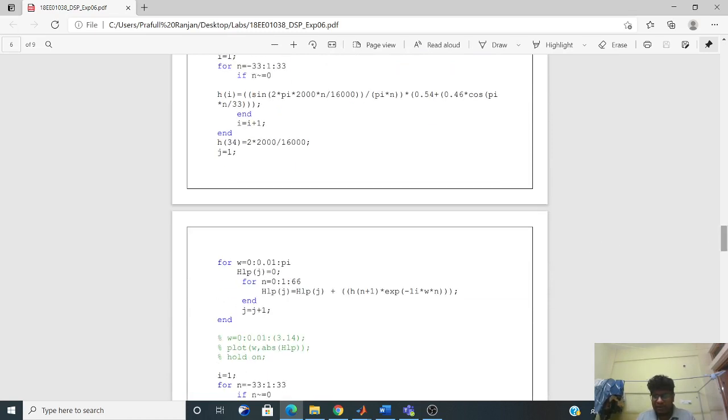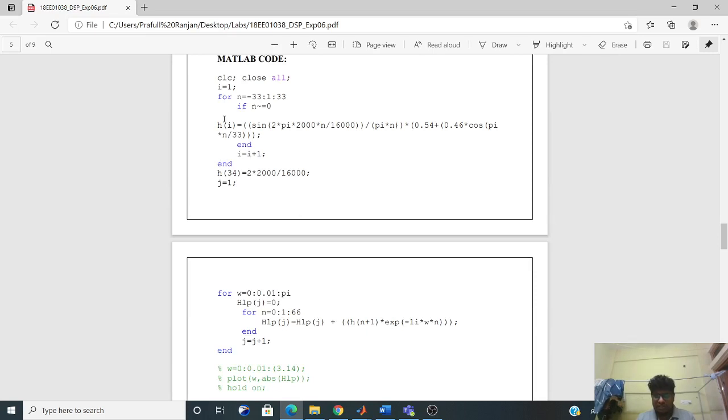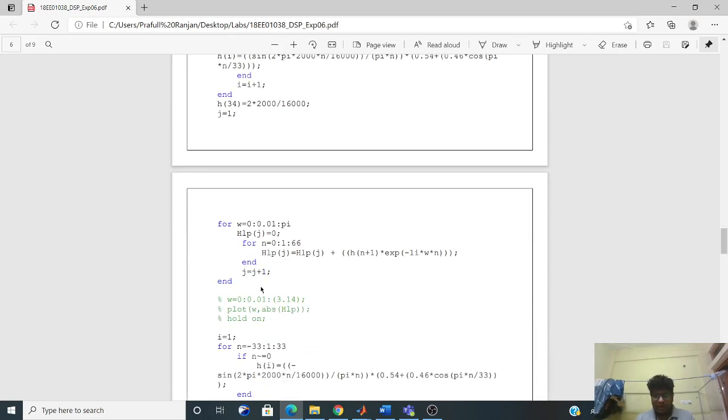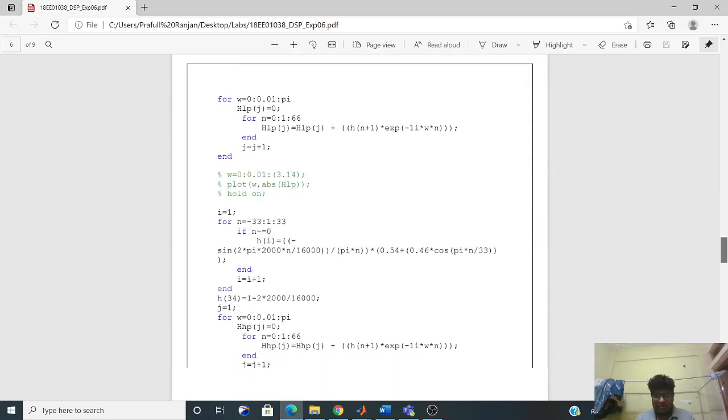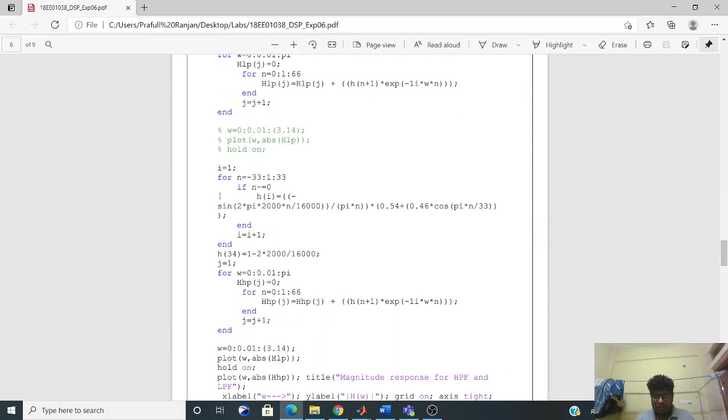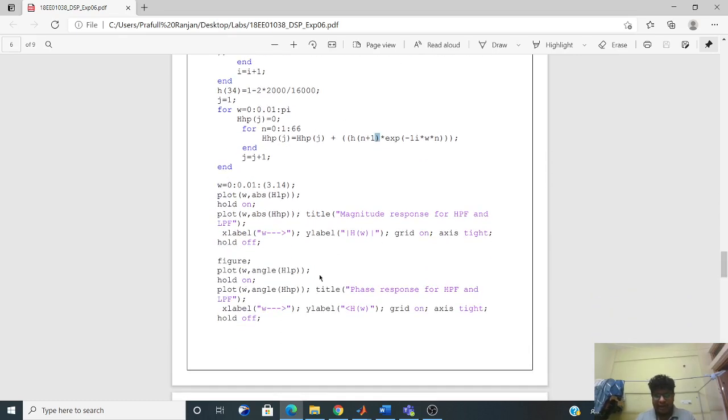Similarly, this is the simple h n, and from that we find h of lp, h of omega. Similarly I am finding h of omega for the high pass filter, and here I am plotting.